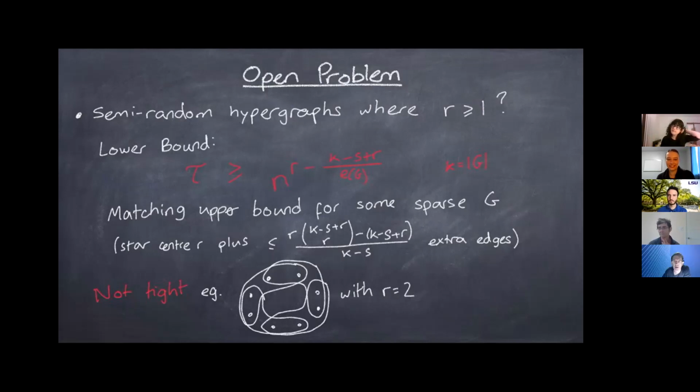What's the threshold for being too connected? I don't know. It's got to be some function of n, I guess.